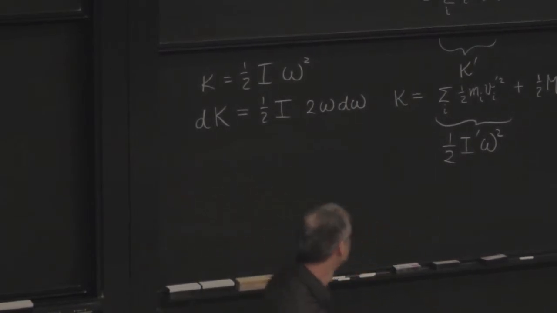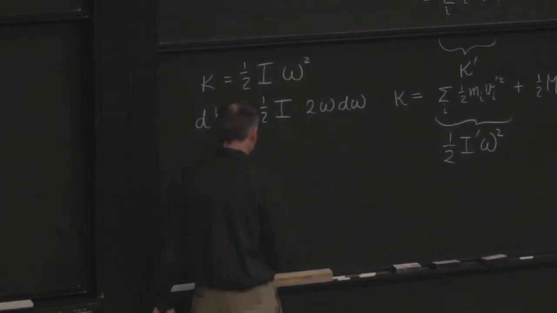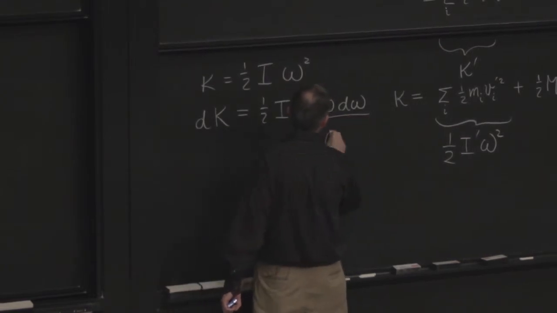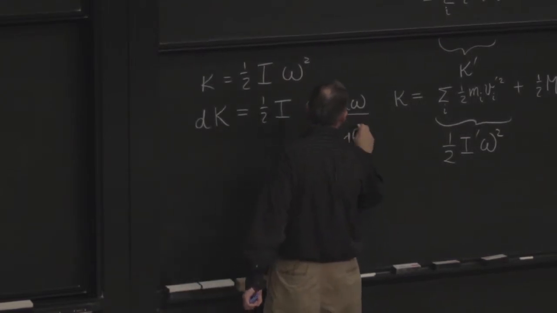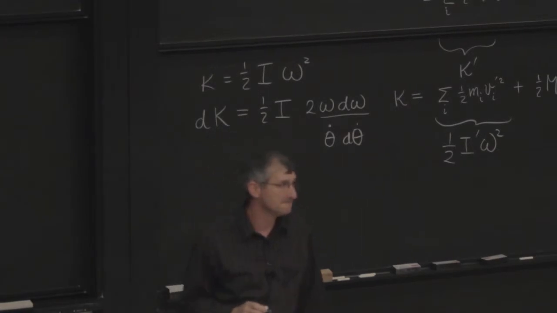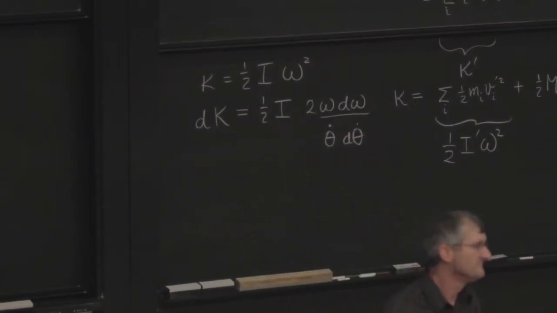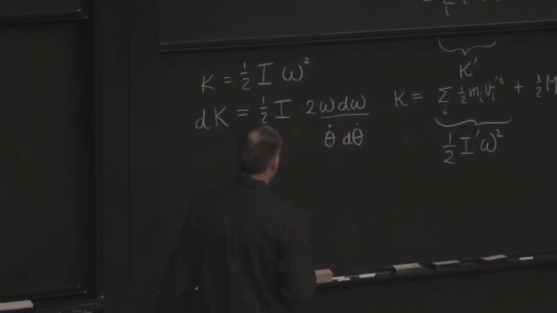Right? The 2 cancels there. And this is my theta dot d theta dot. Right. I see where that comes from.